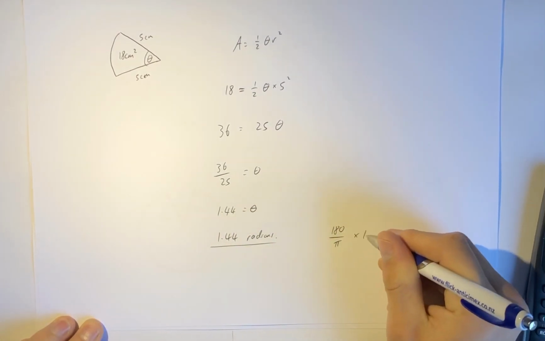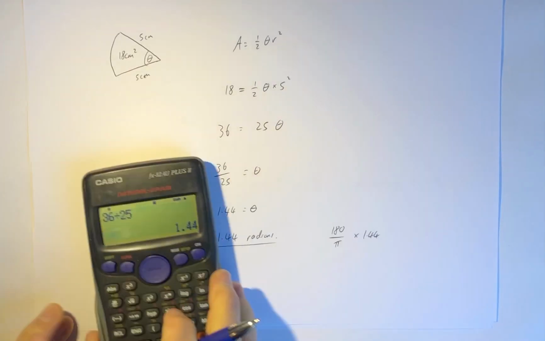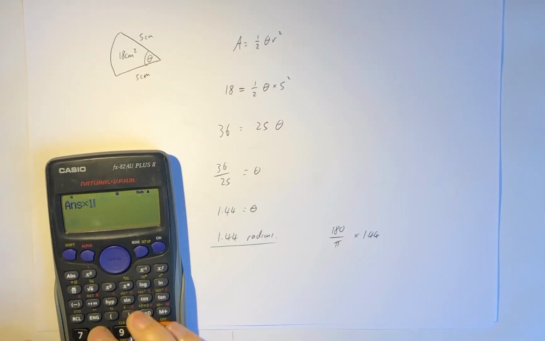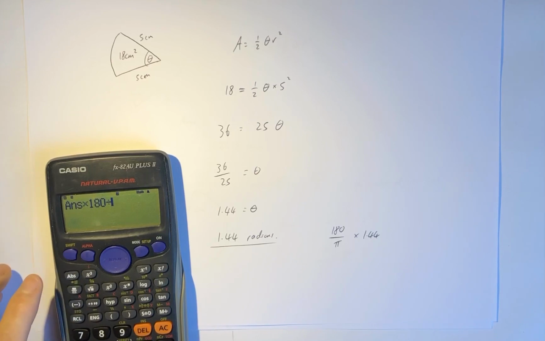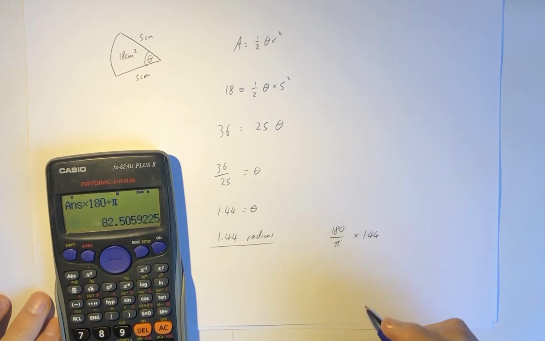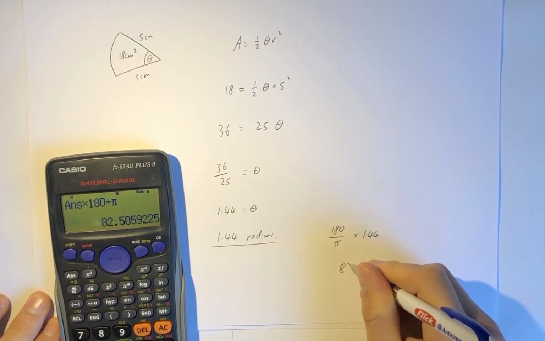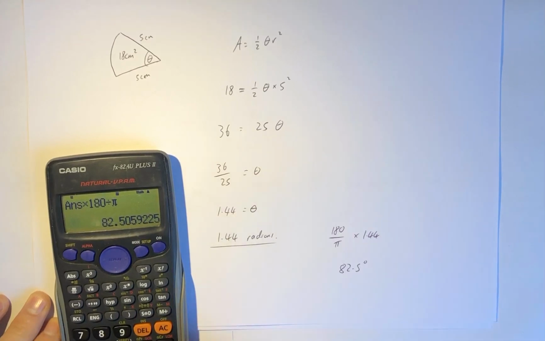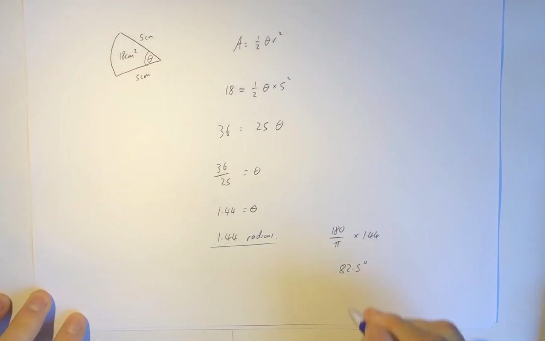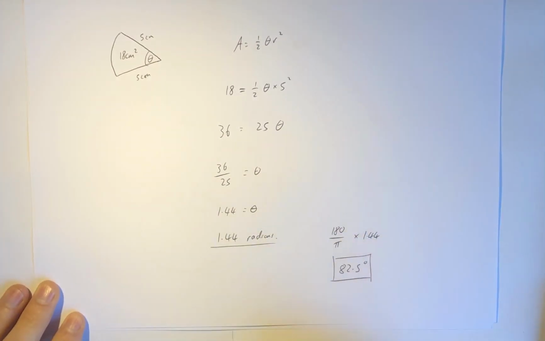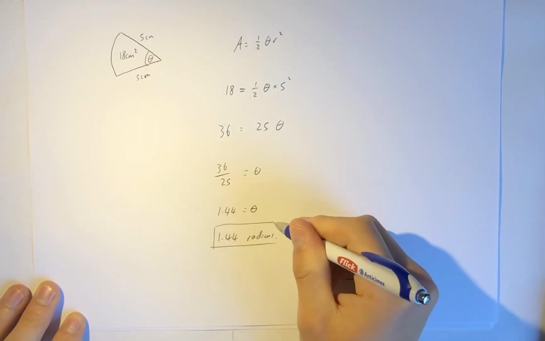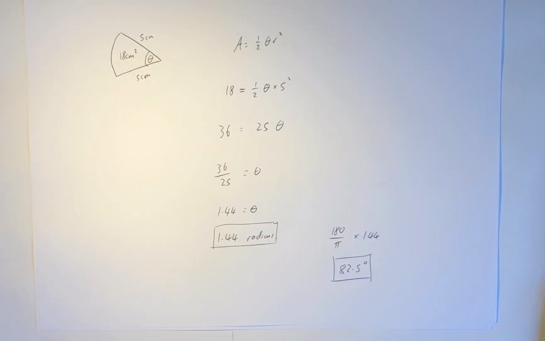So multiply that by 1.44. 82.5. So that angle is 82.5 degrees, or it is 1.44 radians. So there we have it.